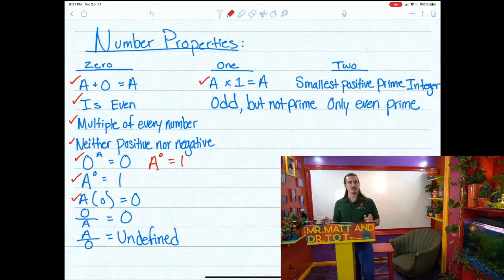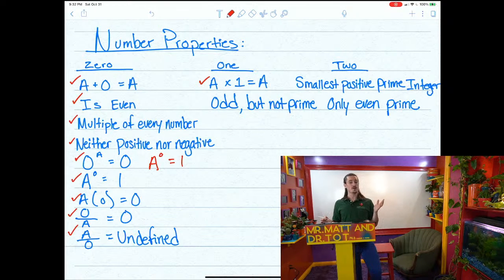So for example, if I have 6 cookies, if I take those 6 cookies and divide them equally between 2 people, each person gets 3 cookies, because 6 divided by 2 is 3. If I take those 6 cookies and divide them among 3 people, each person would get 2 cookies, because 6 divided by 3 is 2.